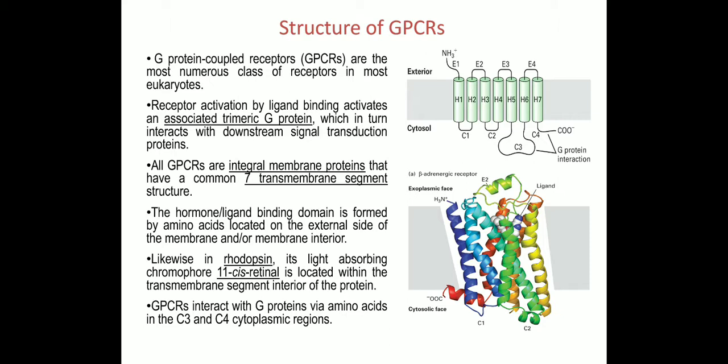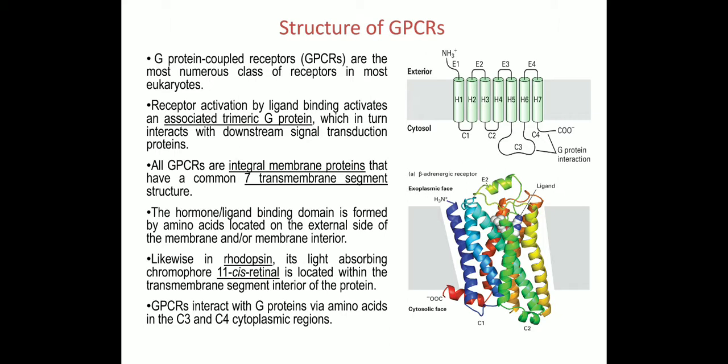In the schematic diagram of the structure of the G protein coupled receptors, we saw the N-terminal region in the exterior part and the C-terminal region in the cytosolic part. There are regions H1 to H7, which are the alpha helical regions.